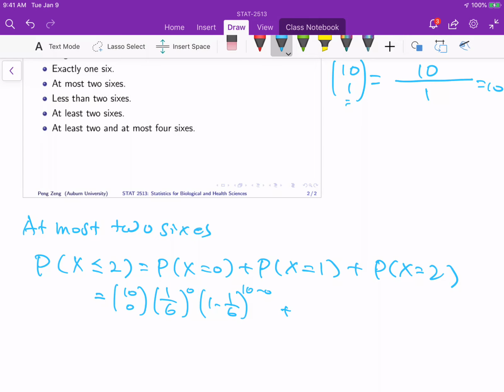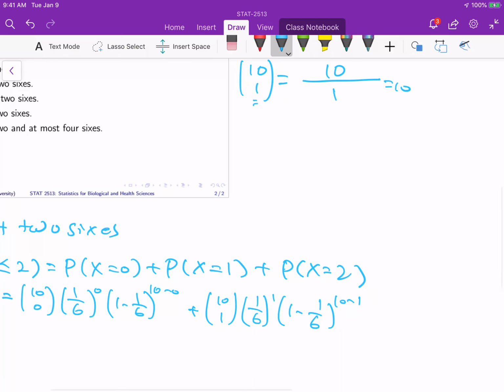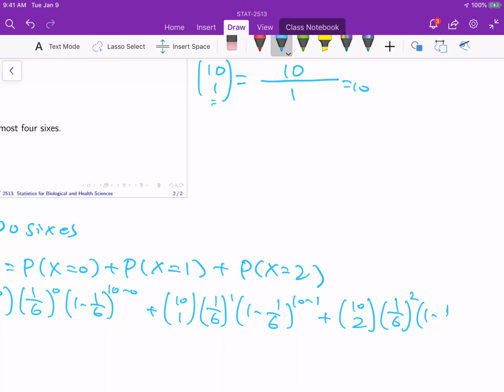For the second one, k is 1, so 10 choose 1, 1/6 to the power of 1, 1 minus 1/6 to the power of 10 minus 1, plus 10 choose 2, 1/6 to the power of 2, 1 minus 1/6 to the power of 10 minus 2.